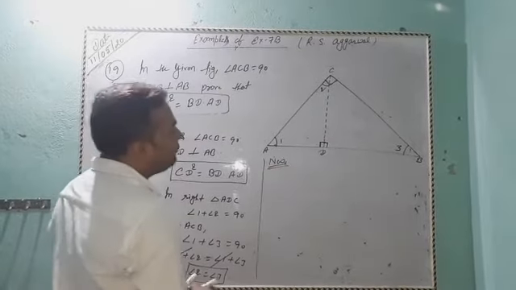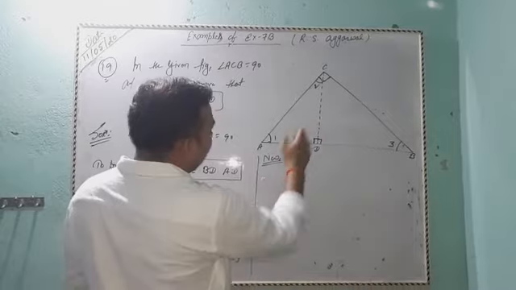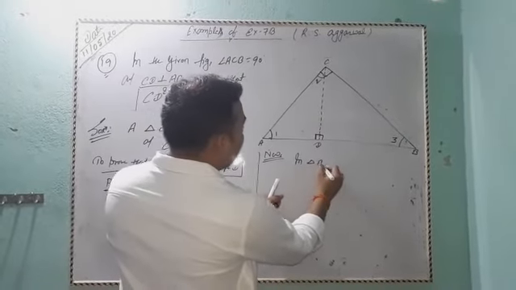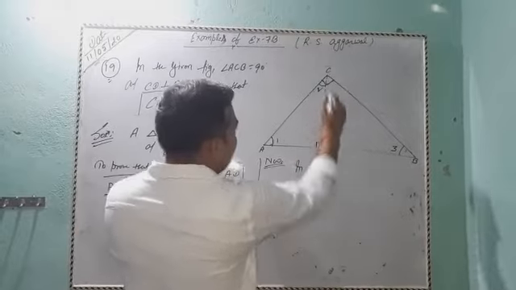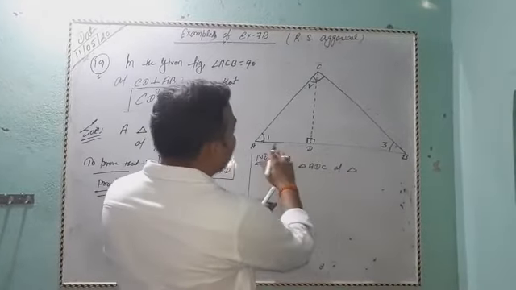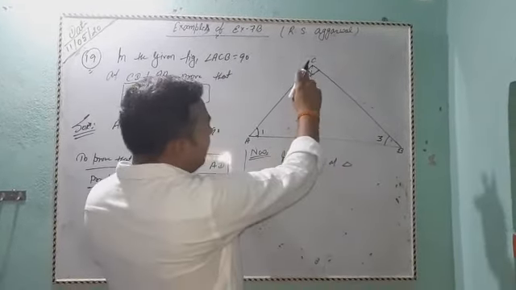Now in triangle ADC and triangle CDB, angle 2 equals angle 3, and angle ADC equals angle CDB, which equals 90 degrees.